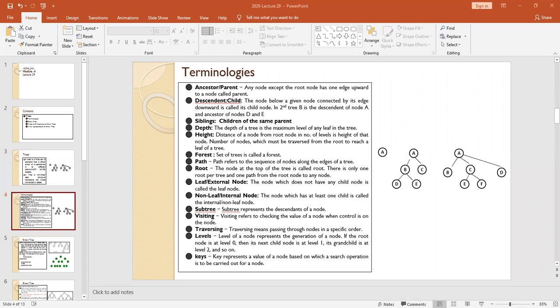So answer the question. Is a tree a linear data structure? Answer my question. Is a tree a linear data structure?